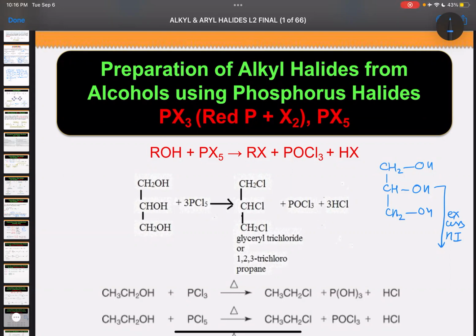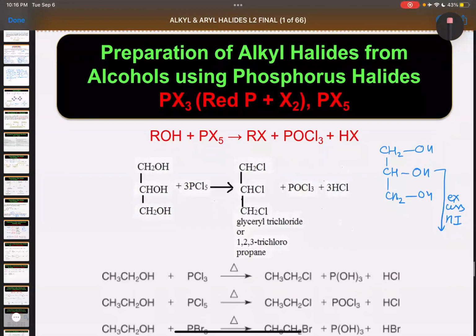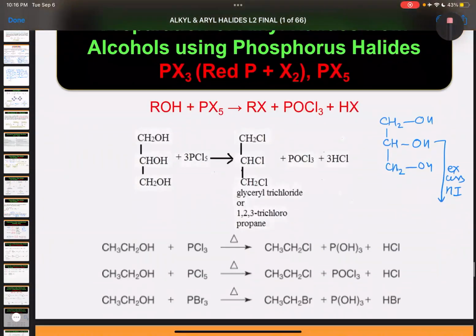Sir, propane 1,2,3-triiodo. Yeah, 1,2,3-triiodopropane. But actually, this is not the answer. What you thought is correct, but actually there is something else involved in this.